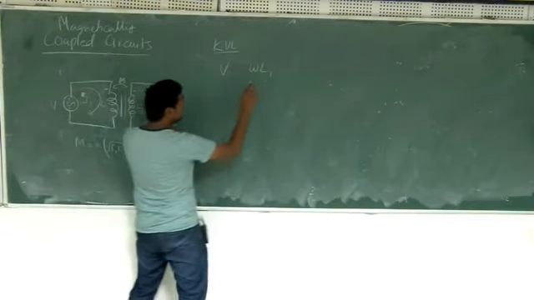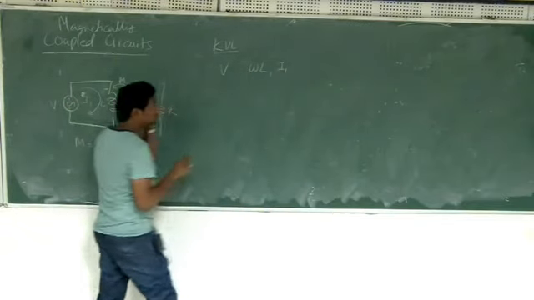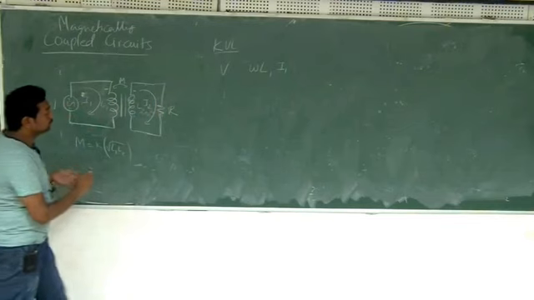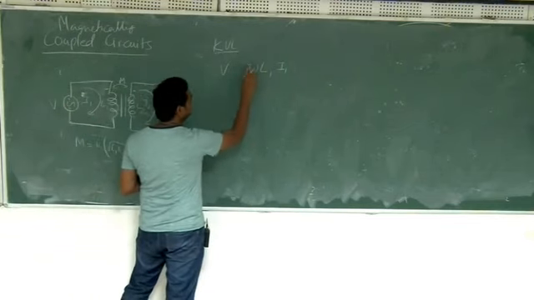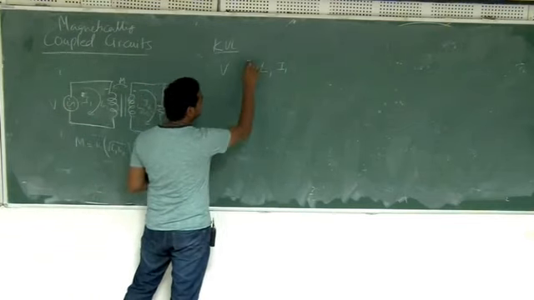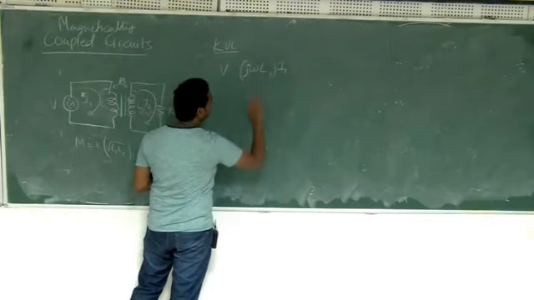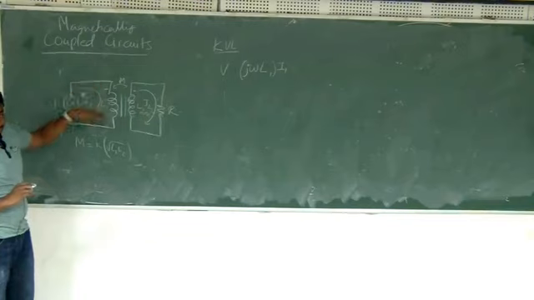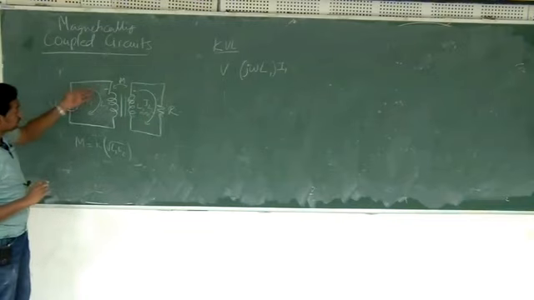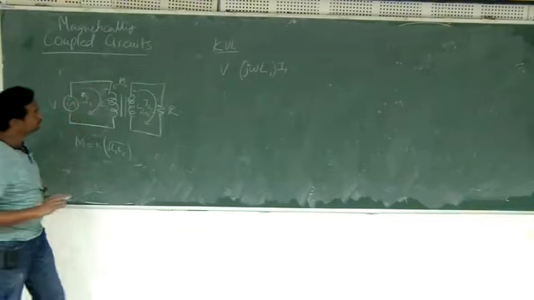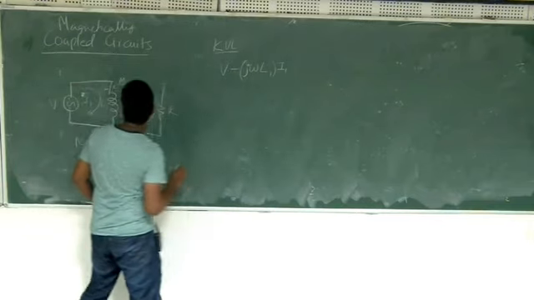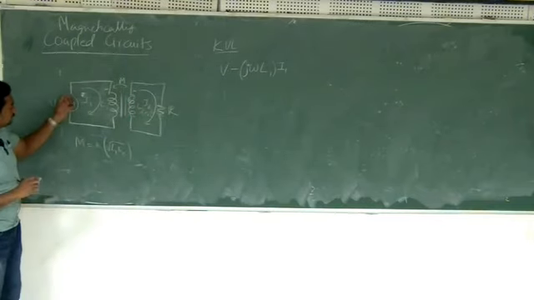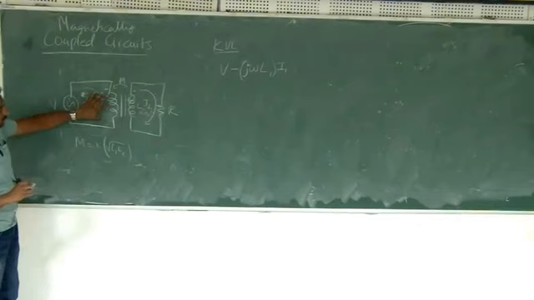So I'll write j omega L1 into I1. Will this be plus or minus? It will be minus because that represents a voltage drop. That is the EMF induced in the inductance because of current I1.